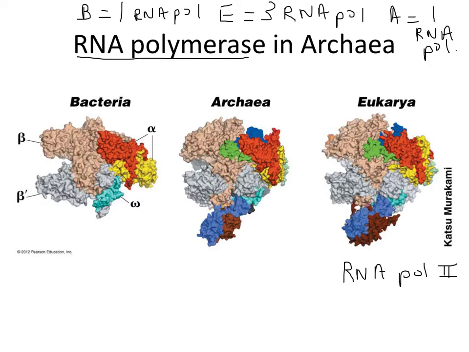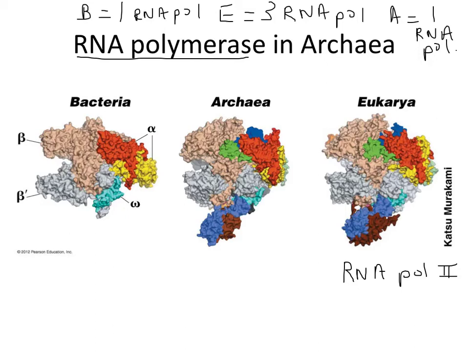That is the RNA polymerase that's responsible for the transcription of most genes that are protein coding in eukaryotic cells. And if you look at this cartoon, it's pretty easy to see that the RNA polymerase that Archaea use is very similar to RNA polymerase 2 held by eukaryotes, and not very similar at all to the RNA polymerase that is made by bacteria.